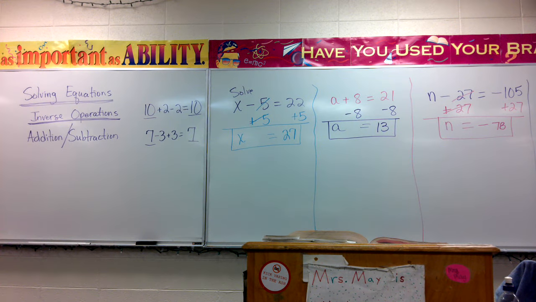What do you have to do to get rid of that -5? Right, yes, the opposite of -5 is +5. So on both sides, you have to add 5. Here you get positive m equals 33.